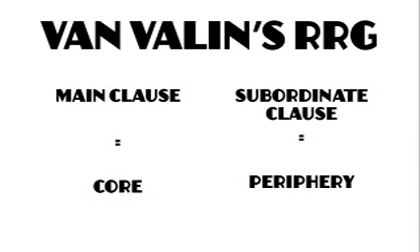We've also incorporated some parts of Van Valin's Role and Reference Grammar, or the RRG. Those parts are the periphery and the core. The periphery can be identified as a dependent clause in the RRG, while the core can be identified as the independent clause. The core is where the verb lies, and the verb is called a nucleus.